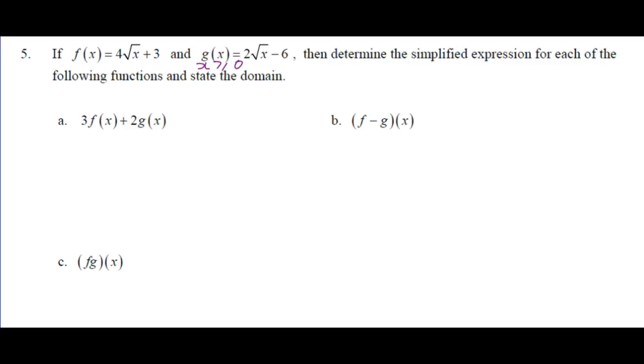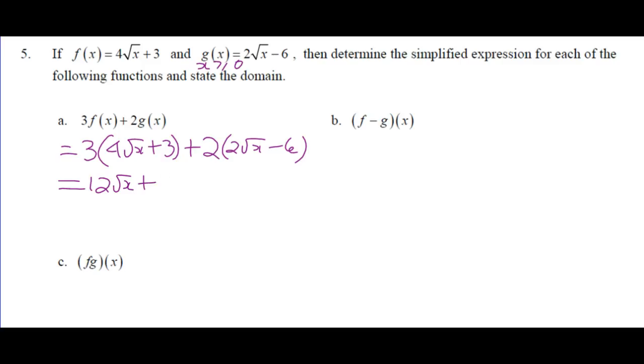So that's going to be our domain. So this is 3 times 4 root x plus 3 plus 2 times 2 root x minus 6. So that's 12 root x plus 9 plus 4 root x minus 12, which is 16 root x minus 3, and the domain x greater than or equal to 0.